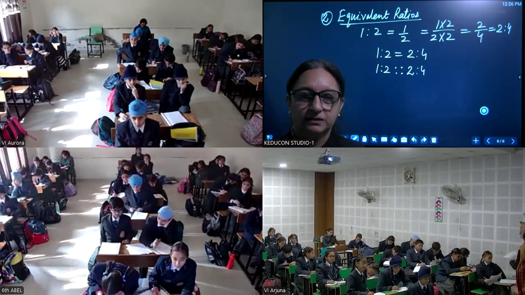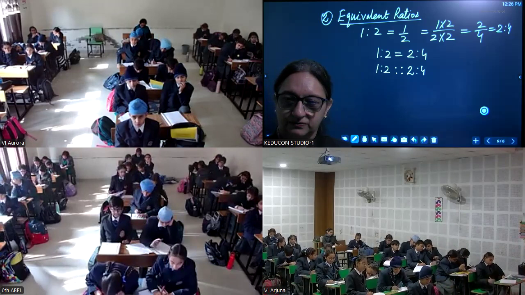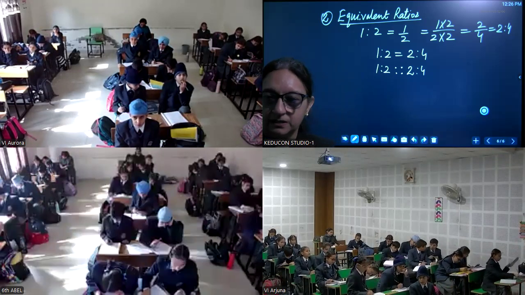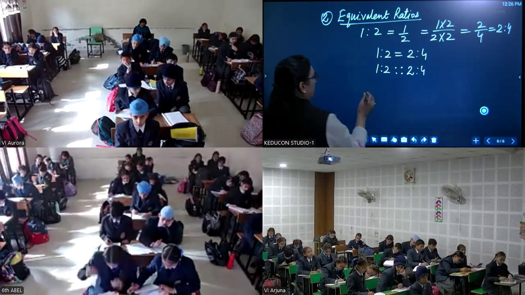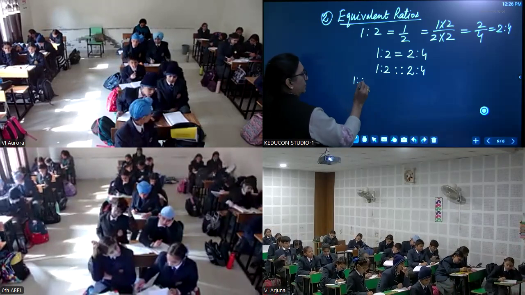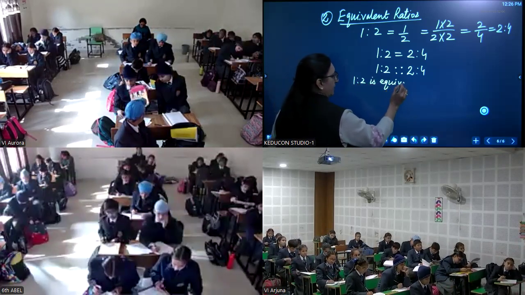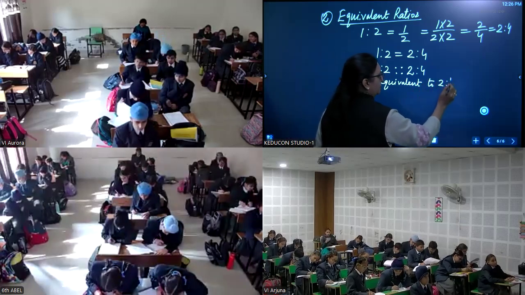Now we are saying these are equivalent ratios. These are key points. Please write it. Then you will find the chapter very easy. And please write it in sentence form also. 1:2 is equivalent to 2:4.